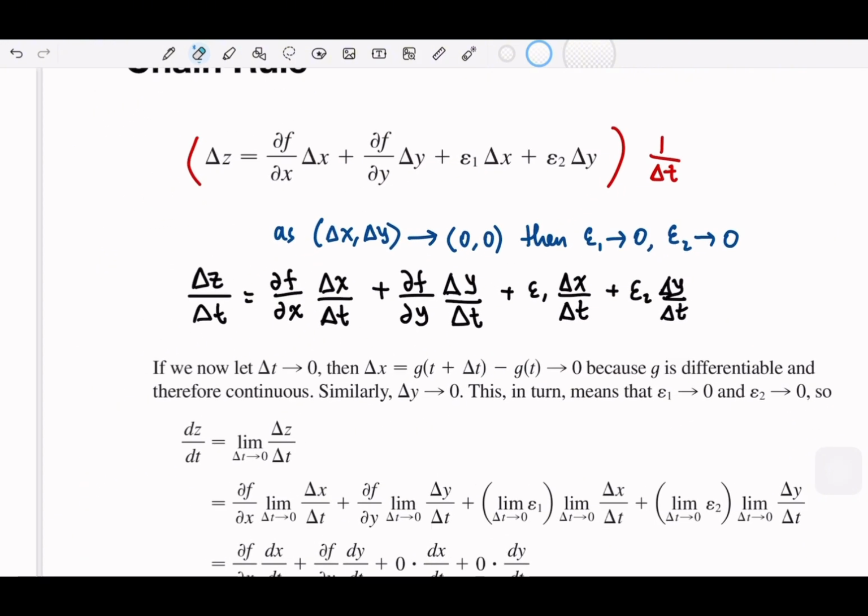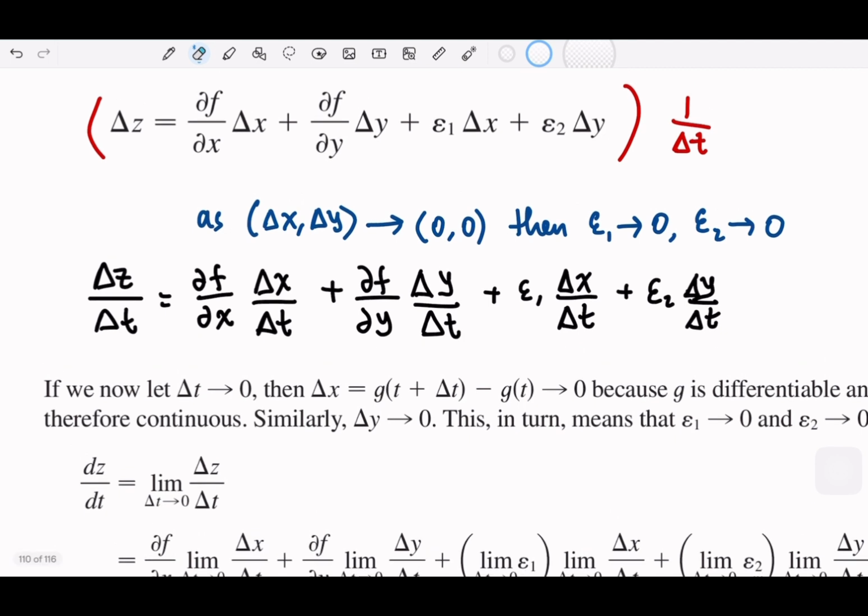So if we let delta t approach 0, delta x, which is actually the distance between this and this, is the additional delta t. This also goes to 0, and because the delta is 0, they are actually subtracting the same value, which is 0. And we say that the function g is differentiable, and because it is differentiable, it is a continuous function.